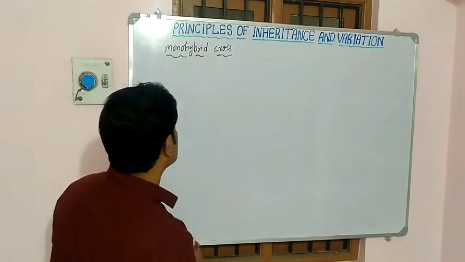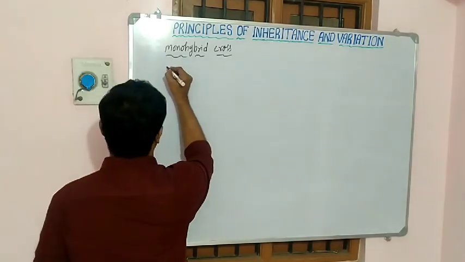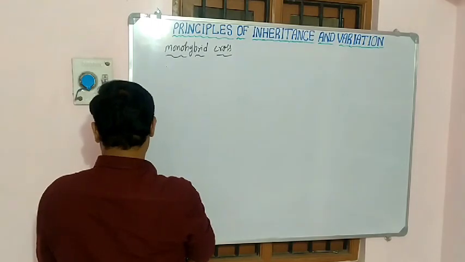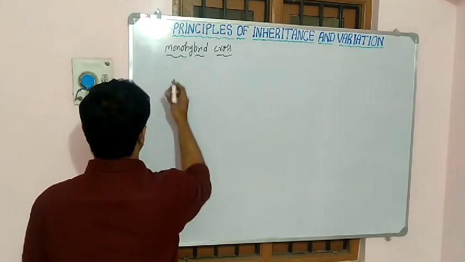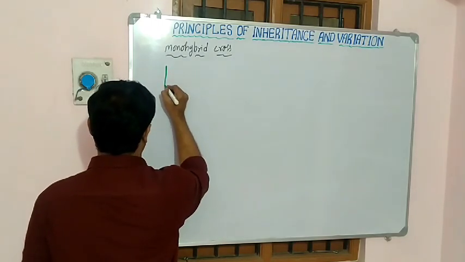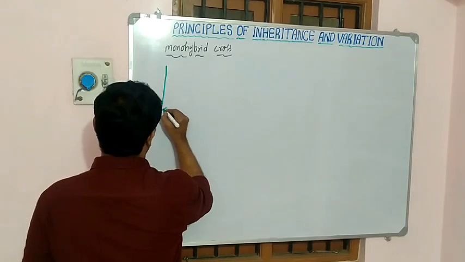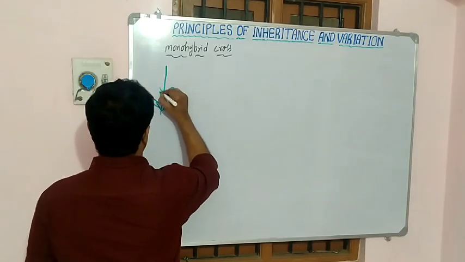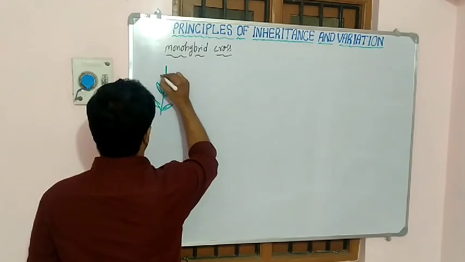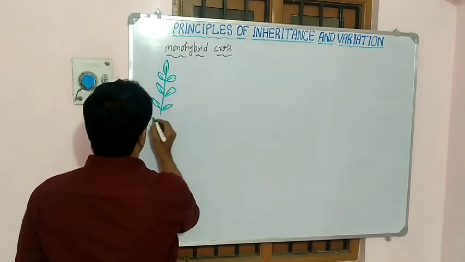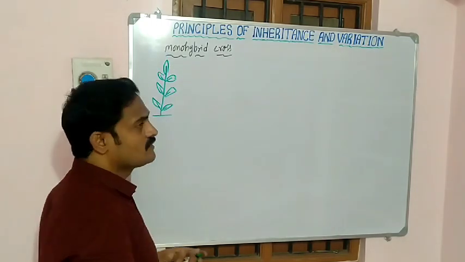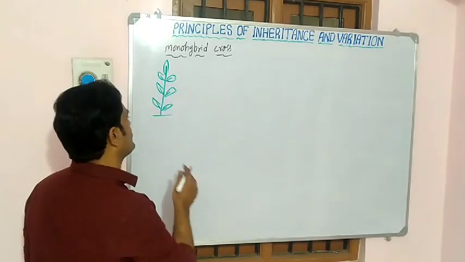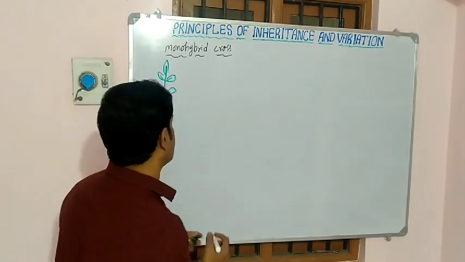So during this process, Mendel chose two types of plants. One plant is a tall plant, for example, this is a tall plant. Which type of tall plant? Pure tall plant.